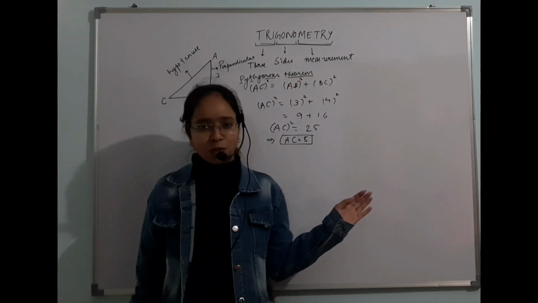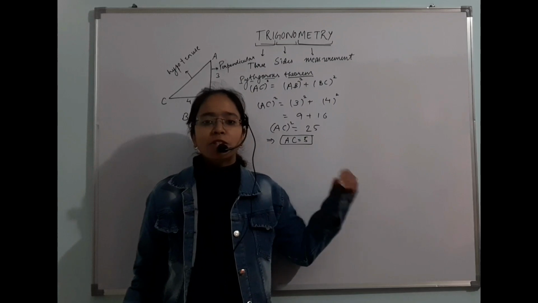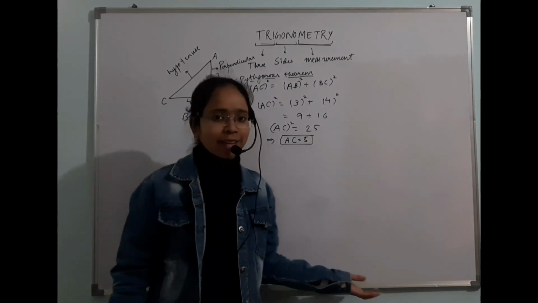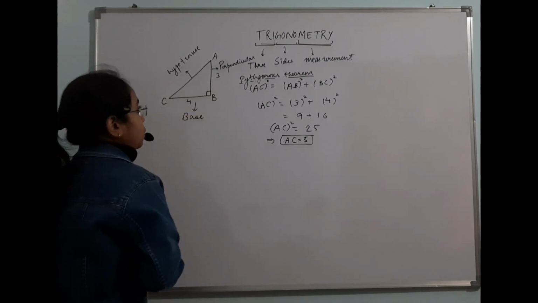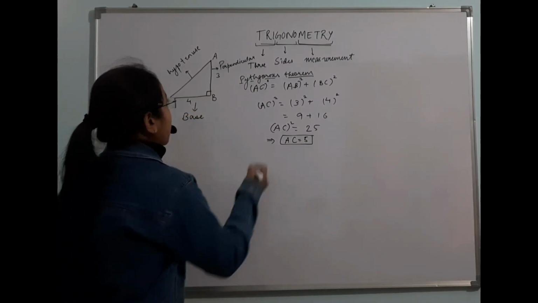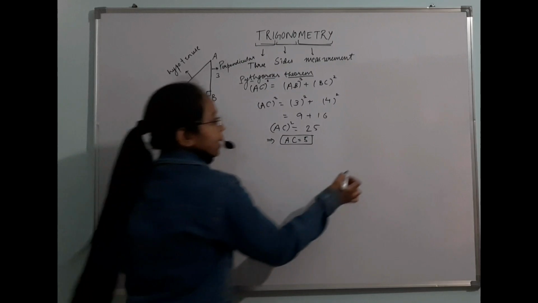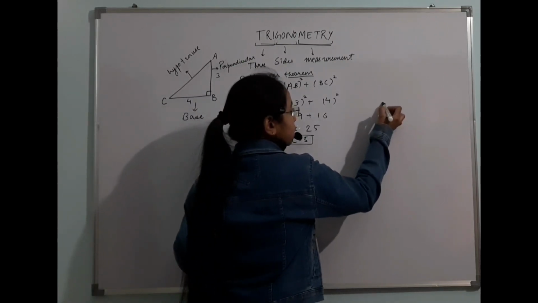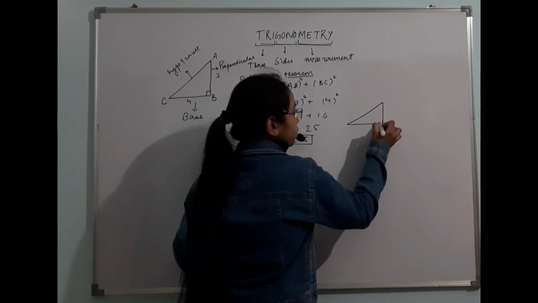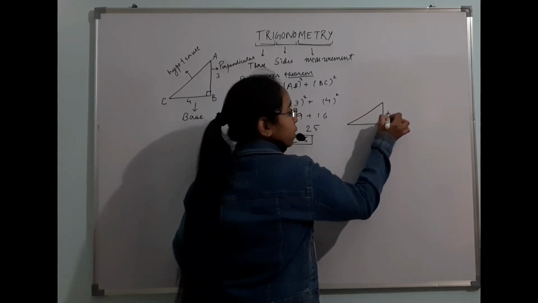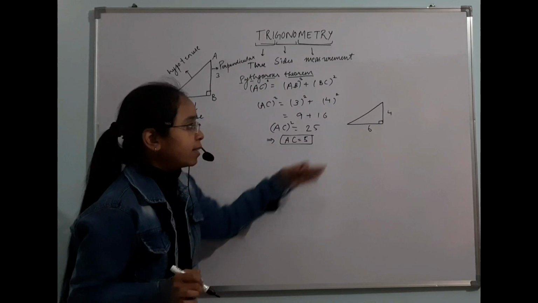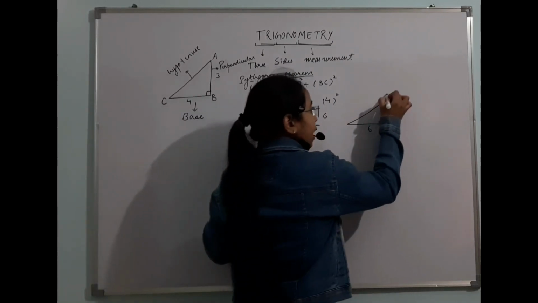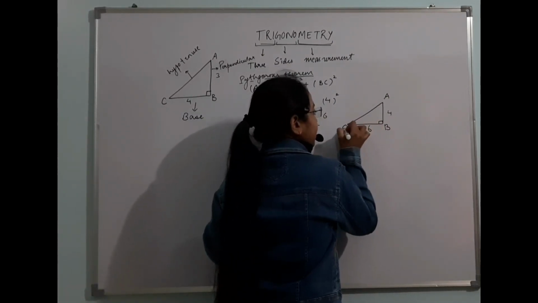So to begin with the actual trigonometry, we have to find the trigonometric ratios. We have to find the ratio of the two sides of a triangle. And how we can find them is, suppose we have a right angled triangle in which two sides are given to us and we have to find the missing side along with the trigonometric ratio.